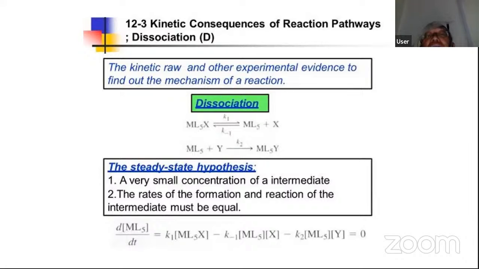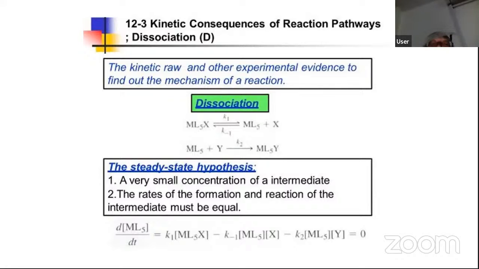It will depend on the rate constant, whether this is bigger than this. Bigger than this means it's very fast, or it's slower than K2, meaning this is slow, this is fast.